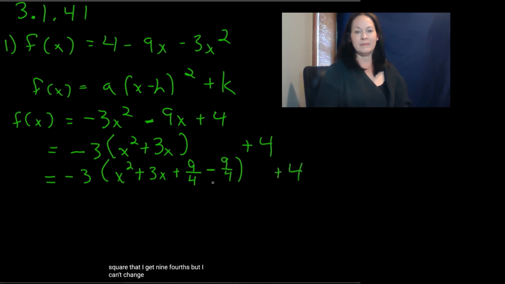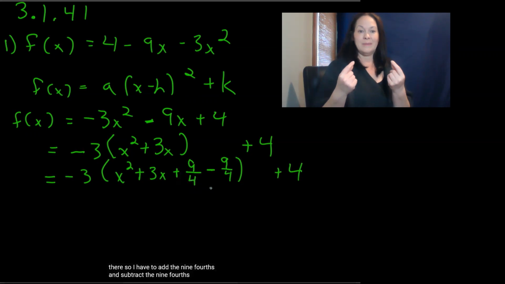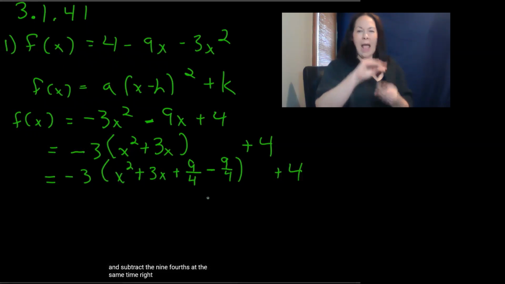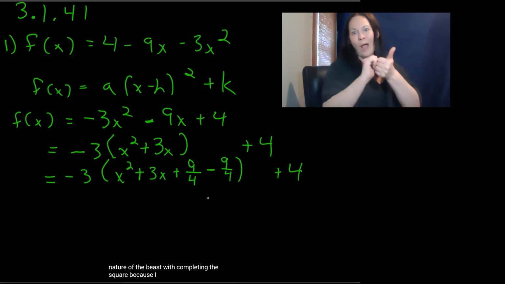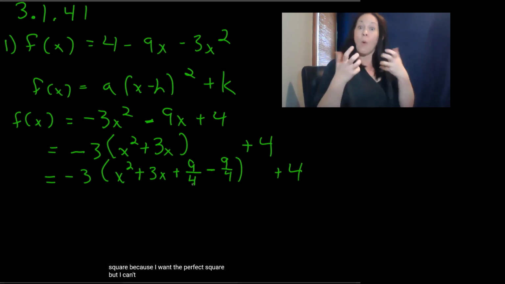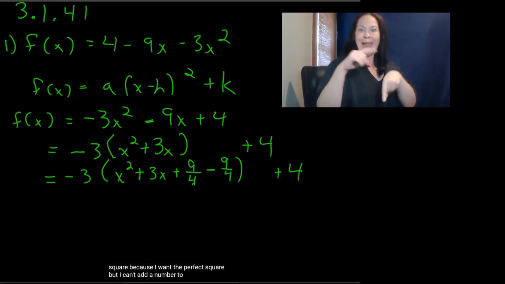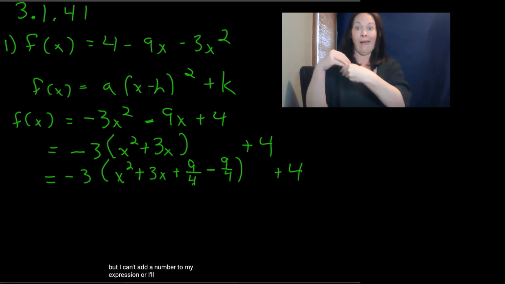But I can't change the value of what's in there, so I have to add the 9/4 and subtract the 9/4 at the same time. Right? That's the nature of the beast with completing the square. I want the perfect square, but I can't add a number to my expression or I'll change its value.